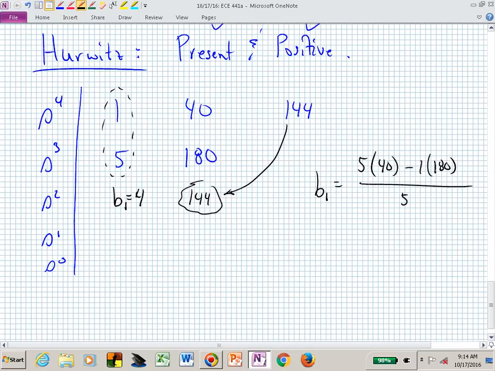Now to generate the S1 value, let's say that's now C1, that's 4 times 180 minus 5 times 144 all over 4.